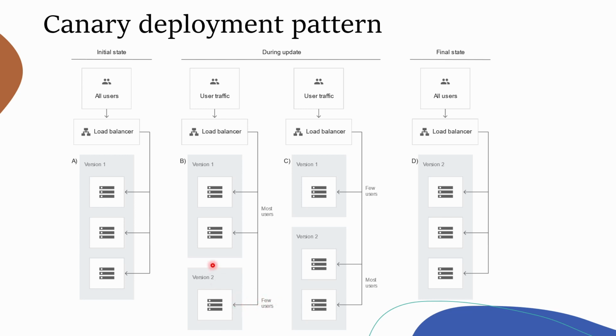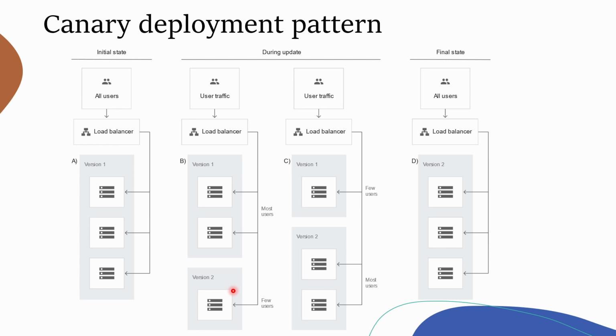Once you are good with version 2 and you are satisfied with the results from the few users who are connected to it, basically you are testing this with part of your live traffic. You can also apply this strategy if you want to roll out to specific countries or geographical locations.